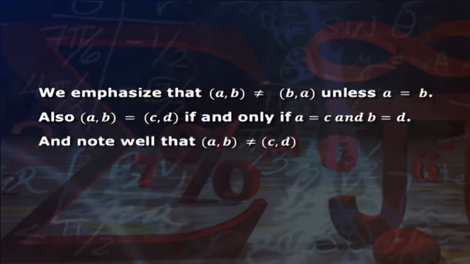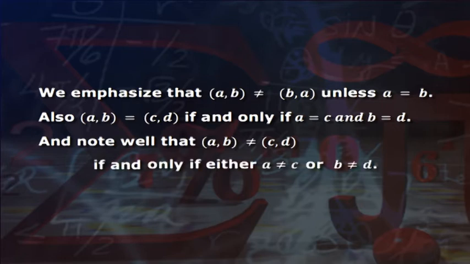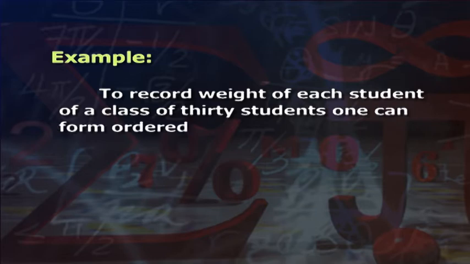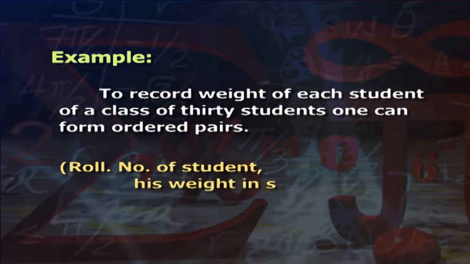And note well that (a, b) is not equal to (c, d) if and only if either a is not equal to c or b is not equal to d. For example, to record weight of each student of a class of 30 students, one can form ordered pairs: roll number of student and his weight in specified units.